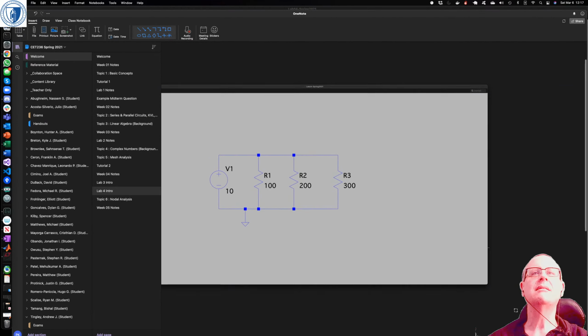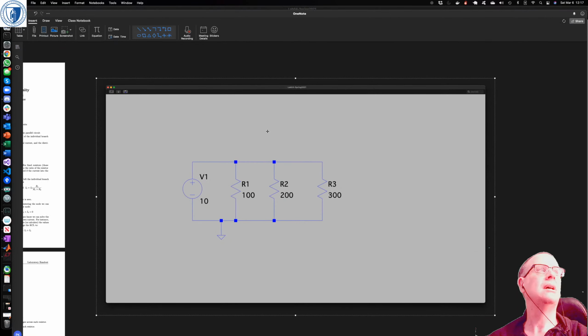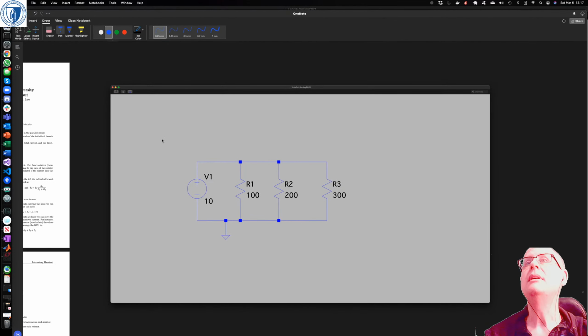Okay, so there's our circuit, and let's just close everything up so we've got a bit more screen space. There we go. So the first thing you've got to do is do some calculations. So let's go with R equivalent.